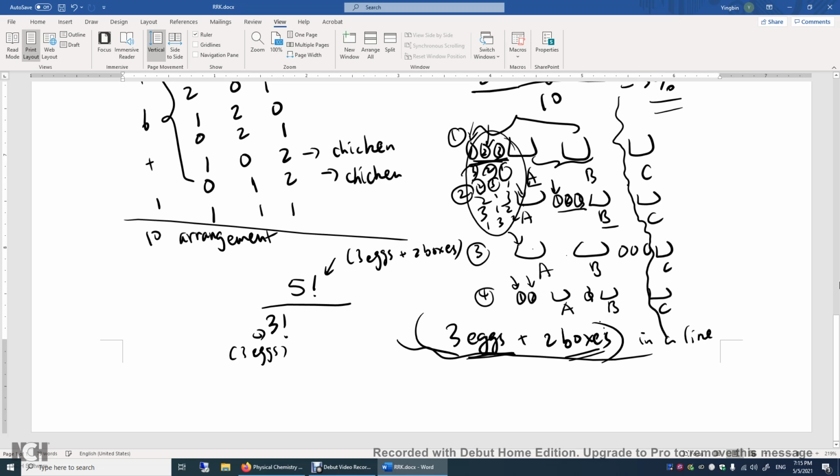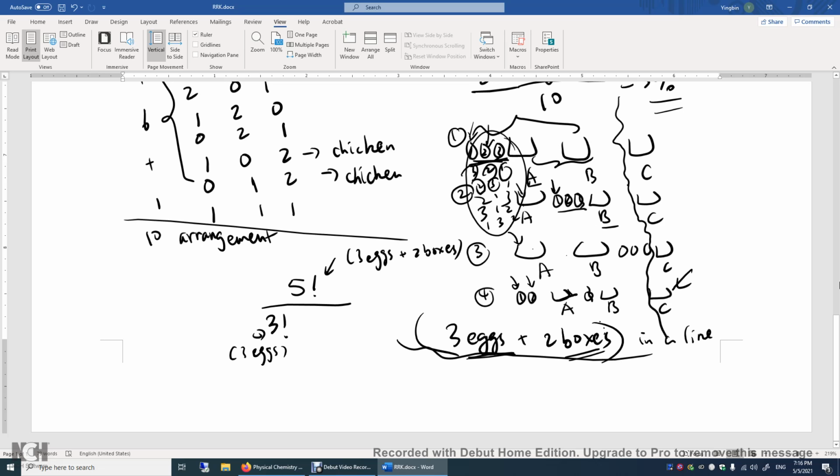And also, we want to look at the mode C, the most important mode. Only C is the most important vibration mode. If C gets enough energy quanta, the reaction may occur. But we don't care if A gets 2 quanta or B gets 2 quanta, right?